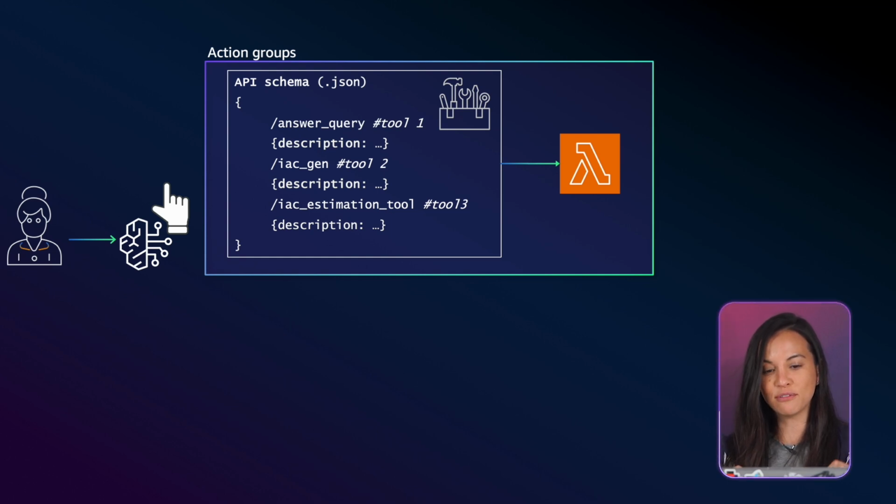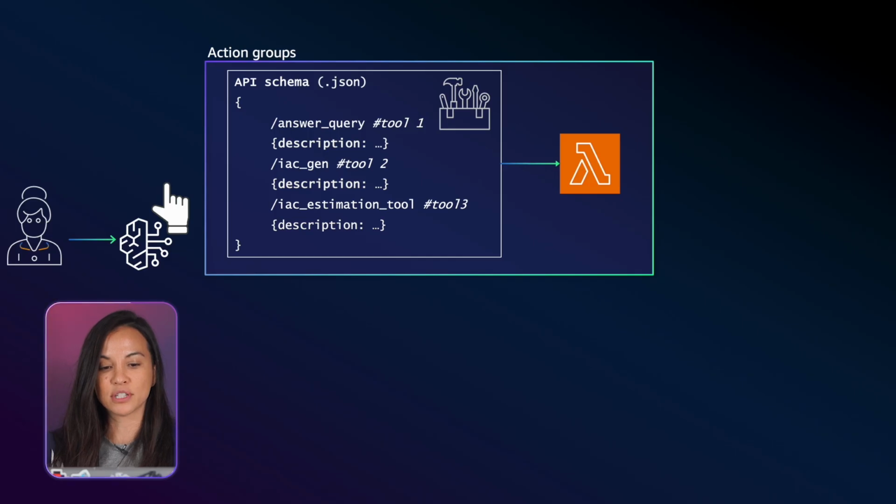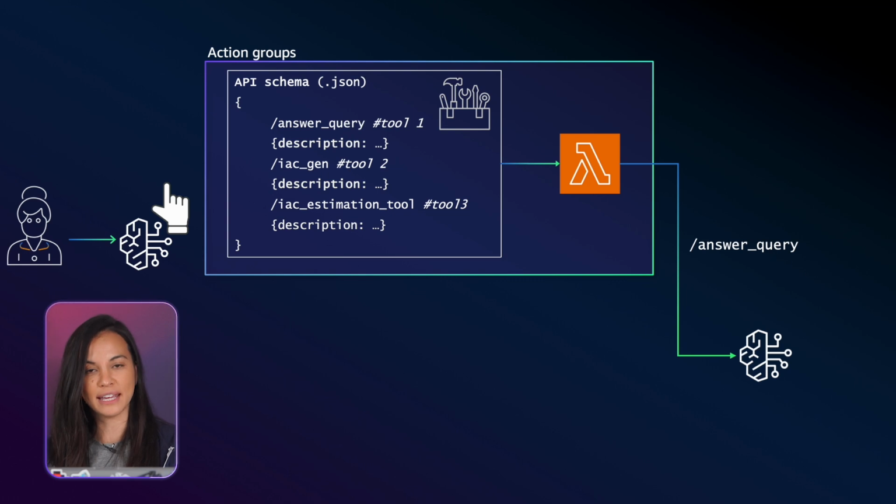And you need to be very descriptive in those descriptions in plain English, because the LLM will read through the description to try to understand what each of those functions is actually doing. For example, if you ask a question about the architecture of your company, and you have this first function called answer query that is connected to a RAG, so retrieval augmented generation, to get information from your company, then you can ask the question and the LLM will think to itself, if I need to answer a question about my company, I need to use this first tool.